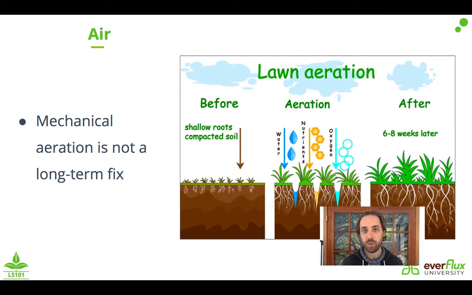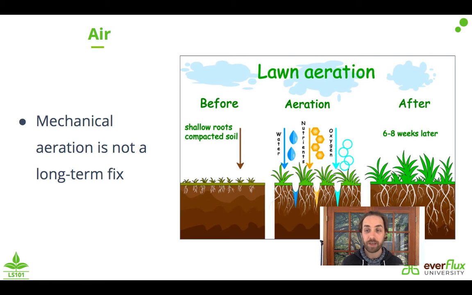Now, another way to increase your soil aeration is by mechanical means. And this is often done with lawns and with turf grass and on farms. Mechanical aeration, meaning you're basically just drilling a hole down into the soil where you need to get it aerated. And this is effective, at least in the short term. You know, it does get air down into the soil.